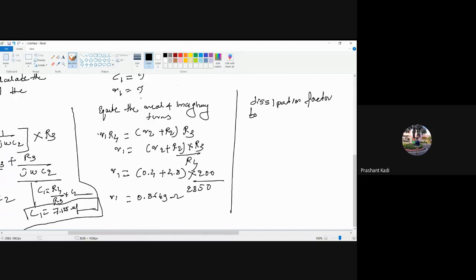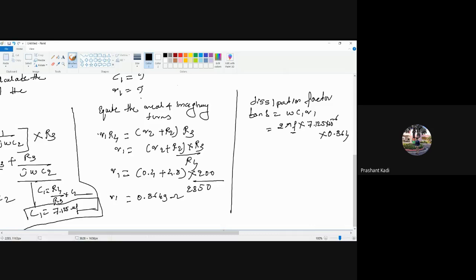Omega is 2 pi into f, multiplied by C1, which we got as 7.125 microfarad, that is 10 raised to minus 6, into R1, which is 0.364.